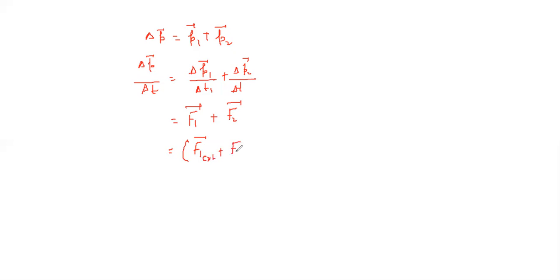And we know delta P upon delta T equals delta P1 upon delta T plus delta P2 upon delta T. So this is F1 and this is F2. F1 contains external and internal both. So we can write F1 external plus F1 internal, and F2 is the same, F2 external plus F2 internal.